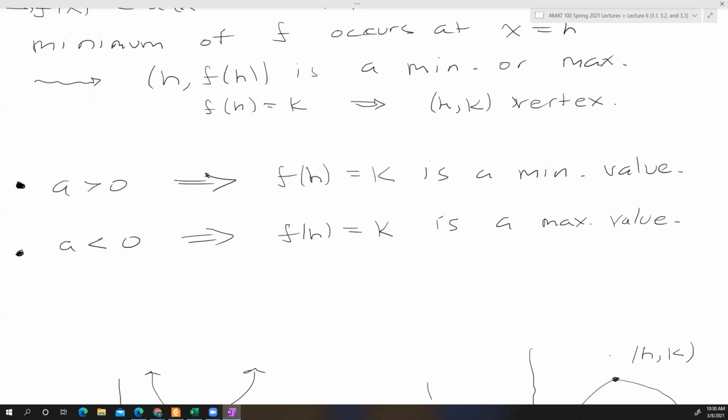That's where looking at the coefficient a comes into play. If a is positive, then that extrema is a minimum value. If a is negative, this extrema right here is a max value. So I'm going to stop here, and this will conclude section 3.1.